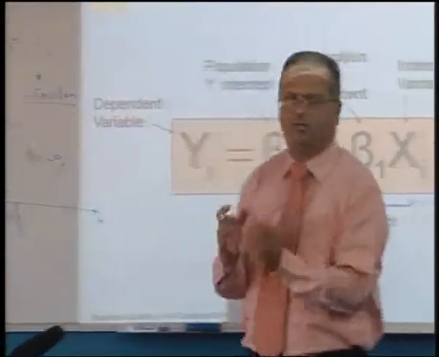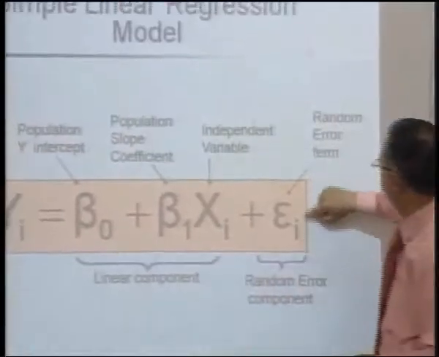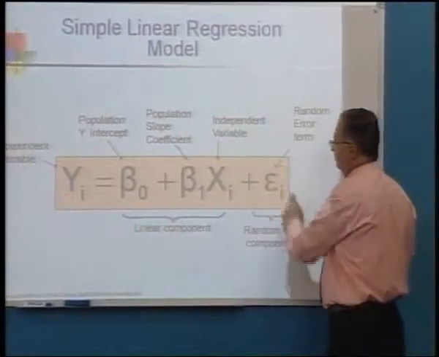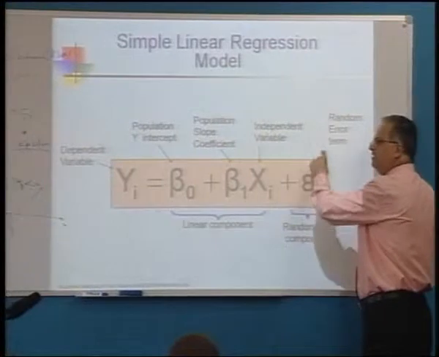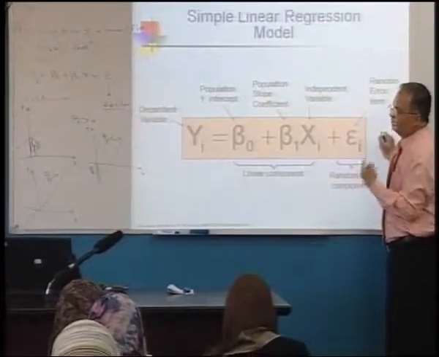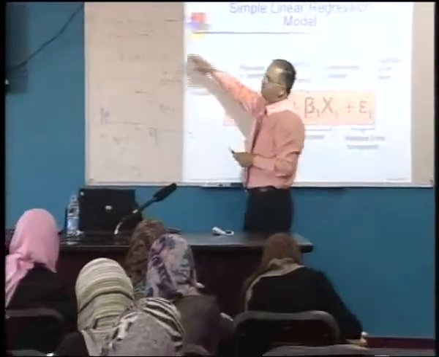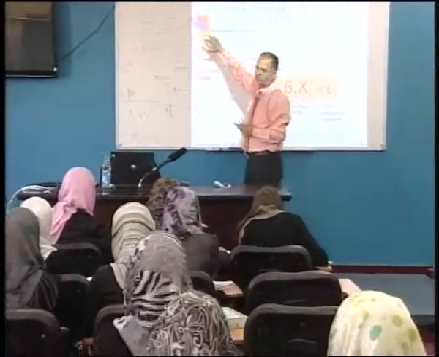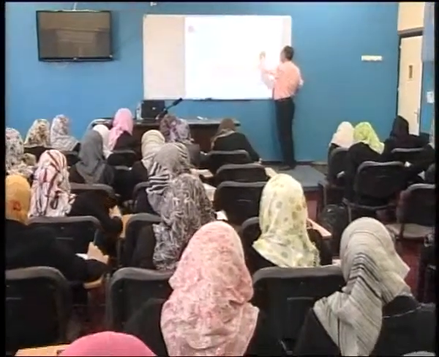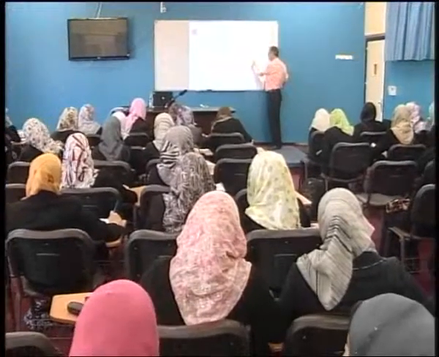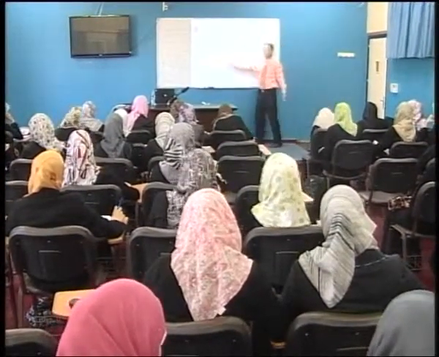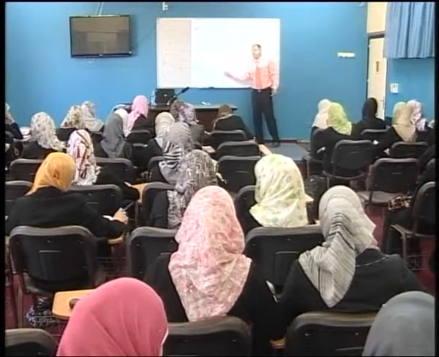All of these are called random error terms. So epsilon i means something you don't include in your regression modeling, for example, you don't include all the independent variables that affect y, or your sample size is not large enough. So epsilon i is the random error component. Beta 0 plus beta 1 x is called the linear component.